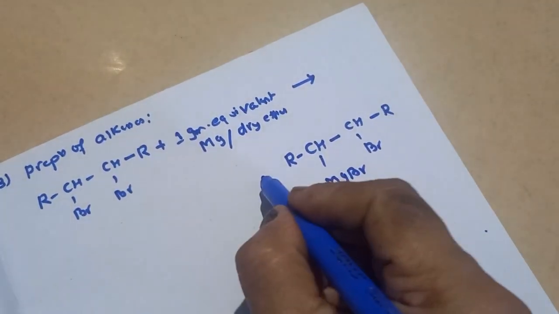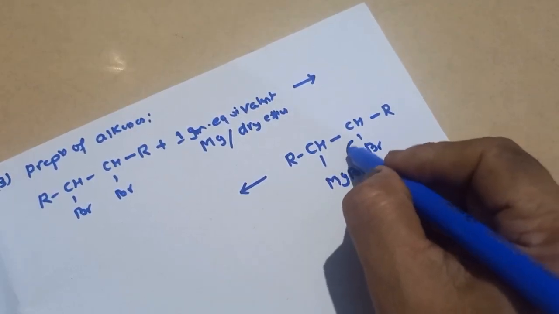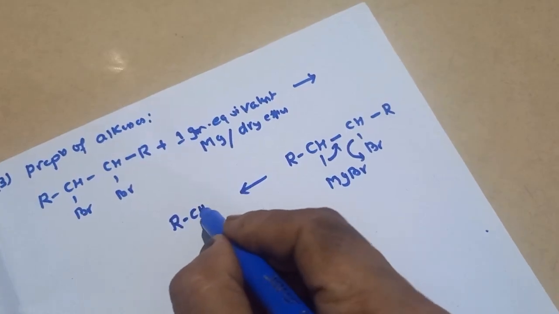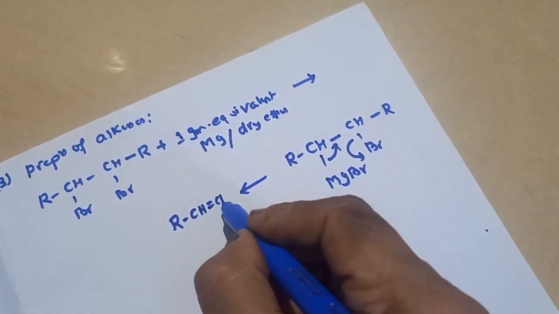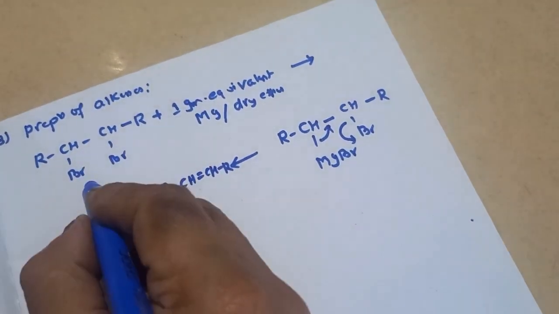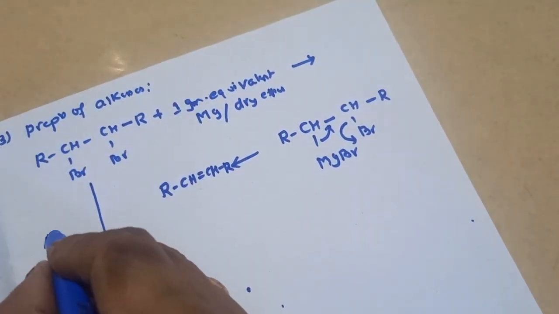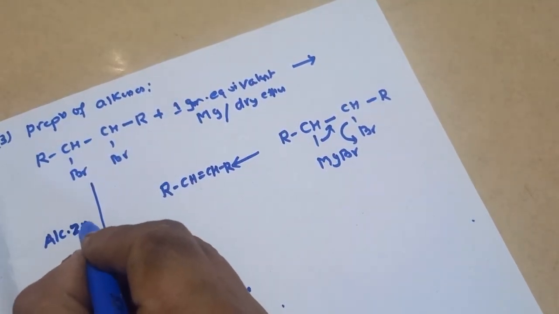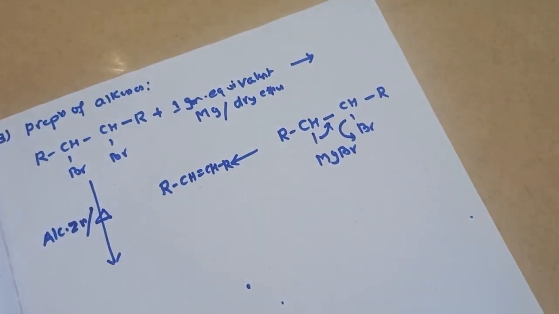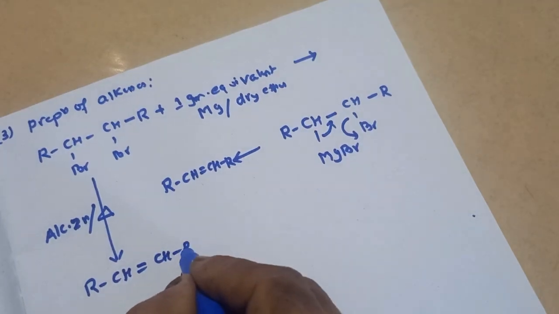This is the Grignard reagent. This further gives us an alkane. In another way also, we can directly, when this parent compound is treated with alcoholic zinc and heated, it gives also alkene.